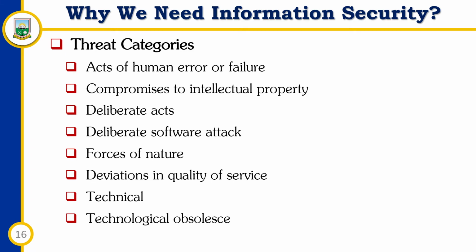We also have a technical category, which falls in hardware failure or errors, and also software failure or errors, and technological obsolescence. If your technology is quite obsolete, it makes it vulnerable for hackers to get into it, because there are new technologies and there are new ways of circumventing old technologies.